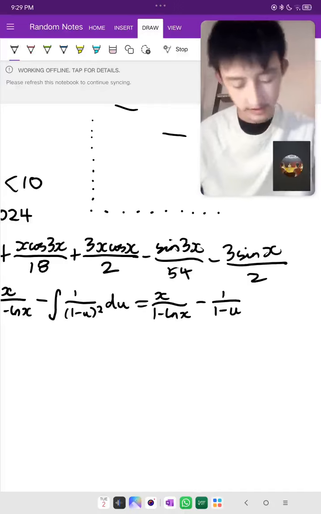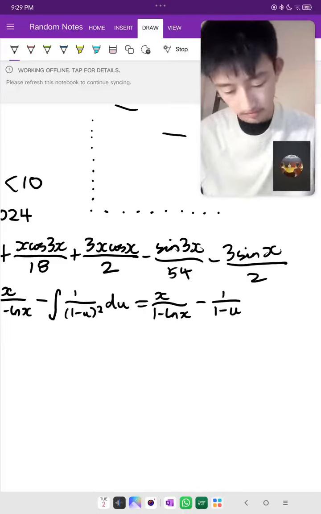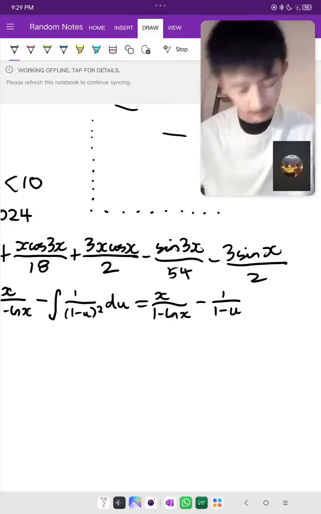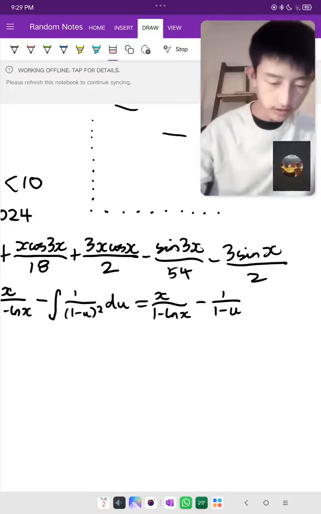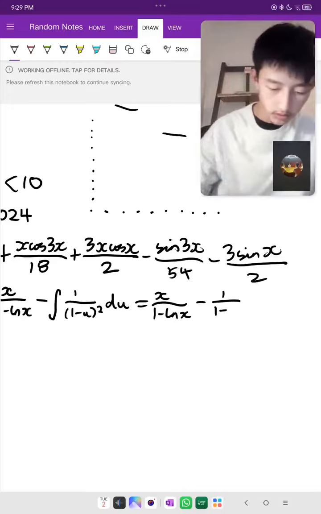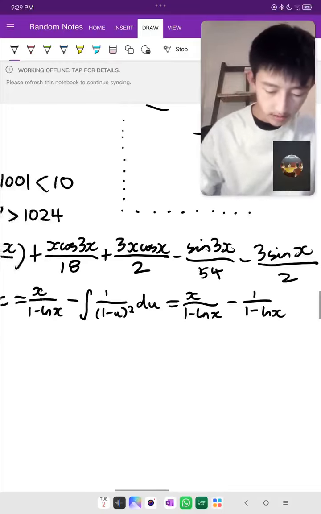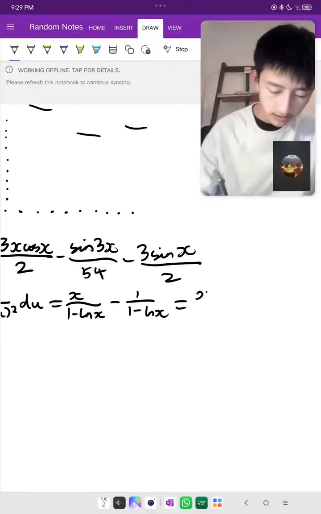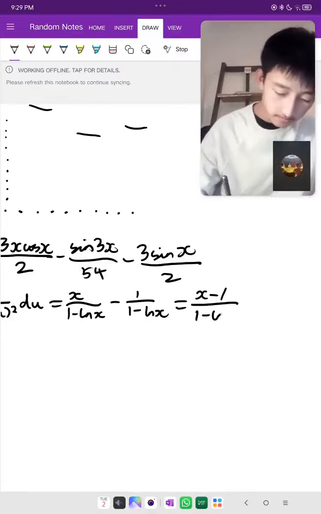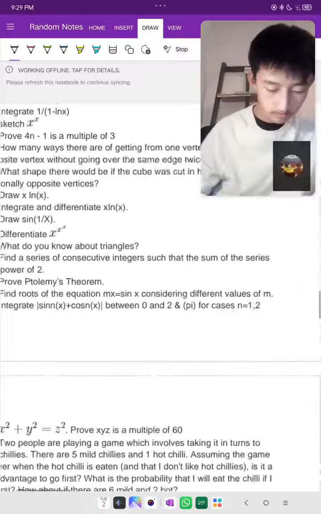I'm going to check that that differentiates back to that. I think it does. u is just ln x, so I think we should get x minus 1 over 1 minus ln x. Cool.